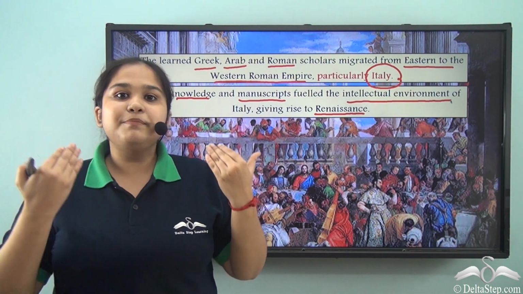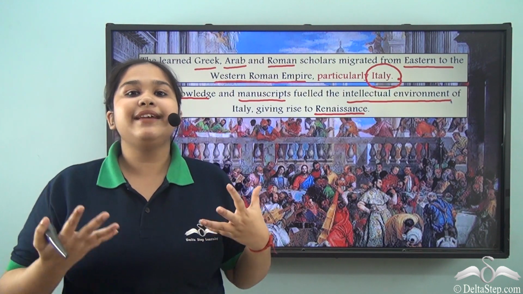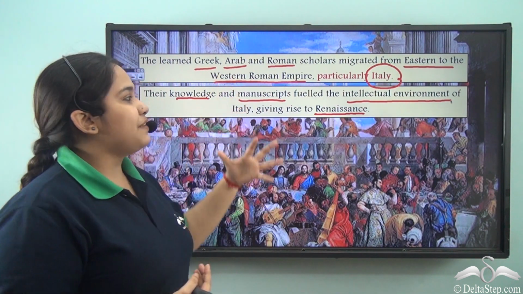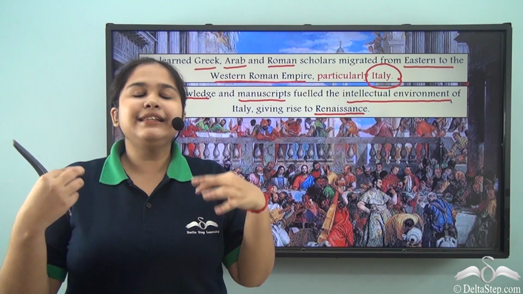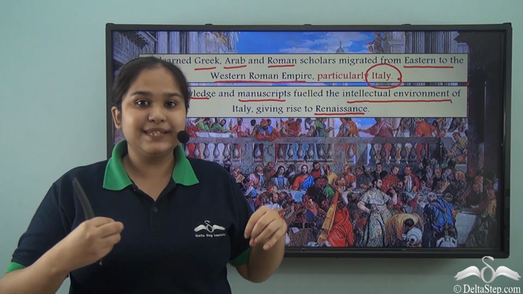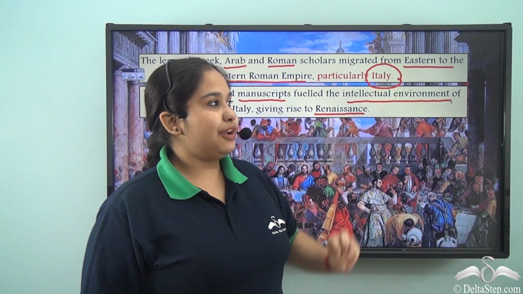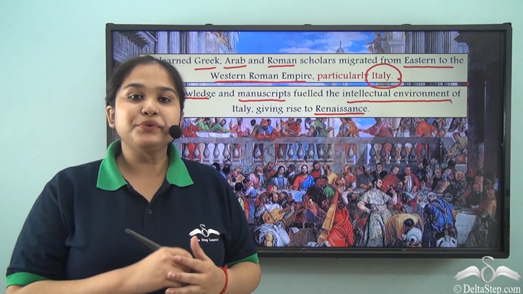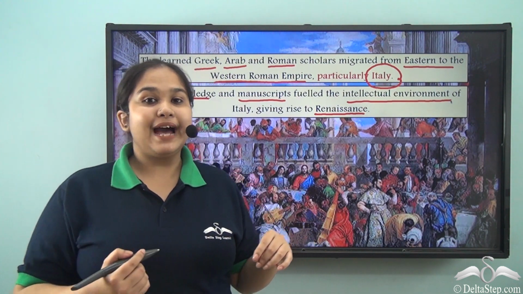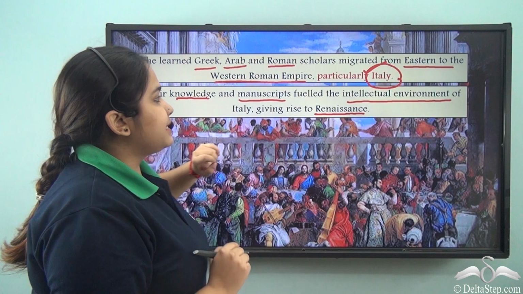And they weren't able to speak their mind. Once they moved to the Western Roman Empire and started garnering an individualistic sense, the intellectual environment developed. The important point to note here is that all this was happening in the city of Italy in particular.